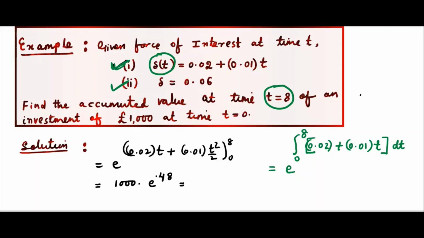And that is 1616.07. I left 1000 here. So we got 1616.07. Now let's do part 2.